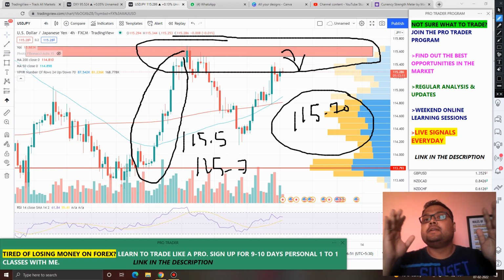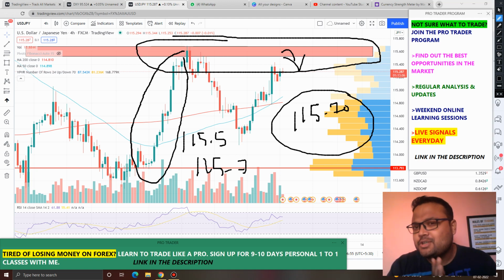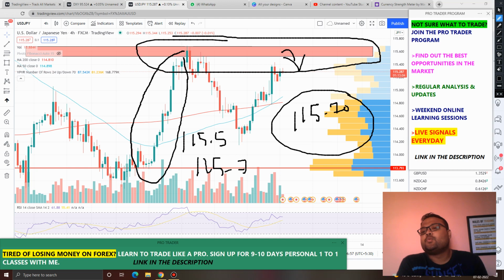Keep in mind, there are also false breakouts in the market. False breakouts are dangerous, and to avoid them, you must wait and observe. If you see that after 3 to 4 hours the market is trading comfortably above 115.70, then only go for a buy. Otherwise, no.